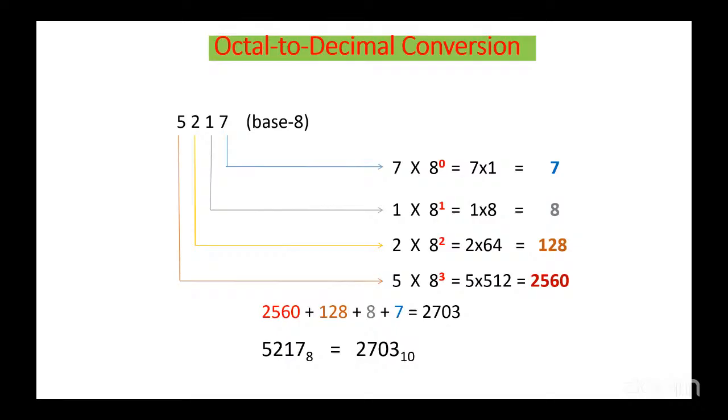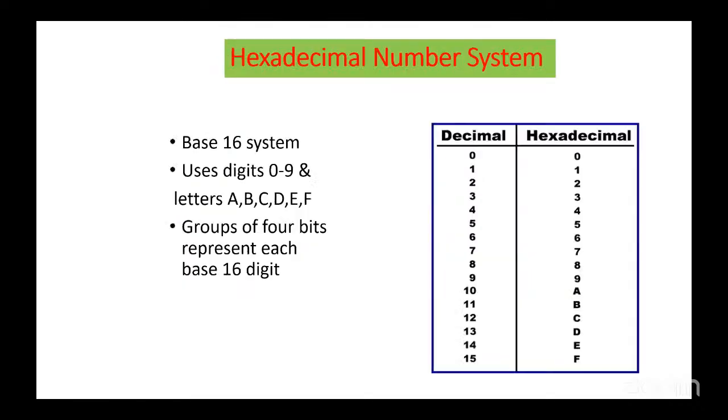By multiplying the powers here, you may get 7, 8, 128, 2560. By adding the summation, it gives you 2703 in base 10.